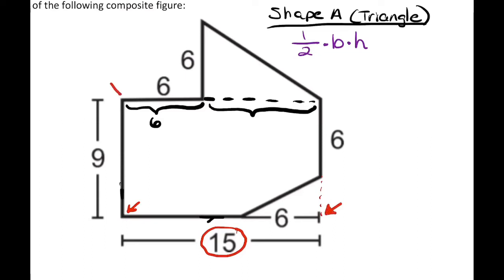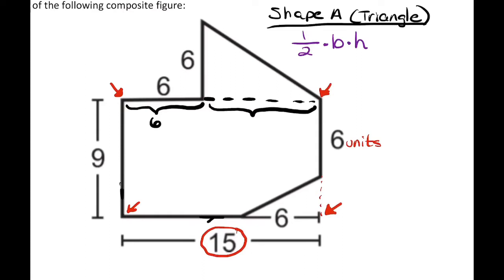So you can safely say that it's 15 from here to here, right? It's 15 units. Now this is not given, it doesn't say inches, it doesn't say centimeters, it doesn't say feet. So we're just going to call it units since we don't have a unit. If that's ever not given, just use the generic term units.